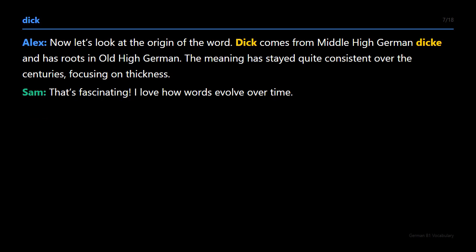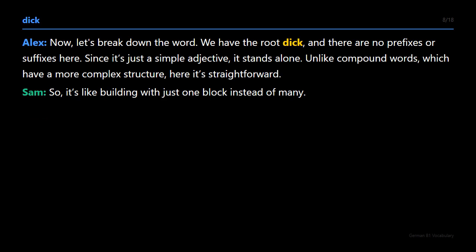Now, let's break down the word. We have the root "dick," and there are no prefixes or suffixes here. Since it's just a simple adjective, it stands alone. Unlike compound words, which have a more complex structure, here it's straightforward.